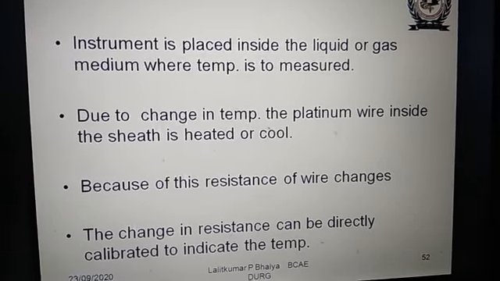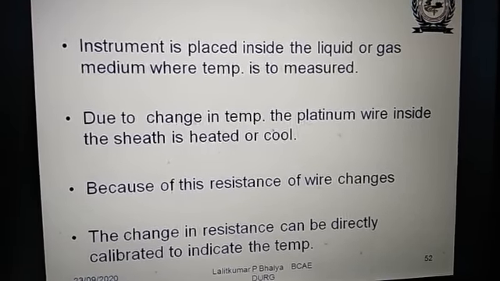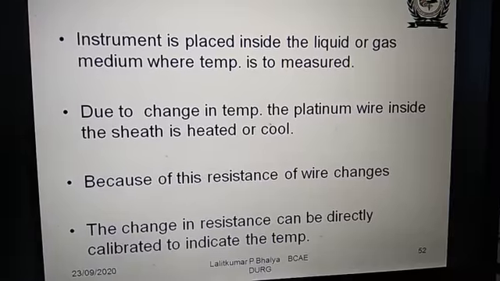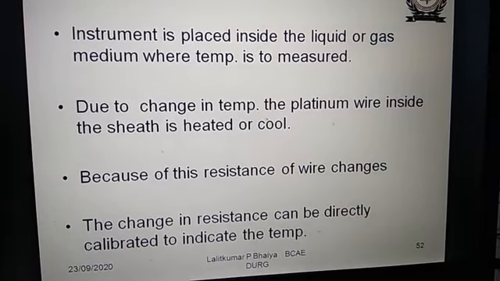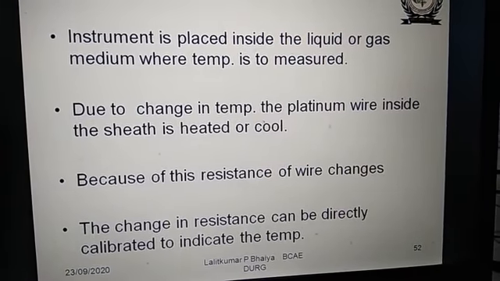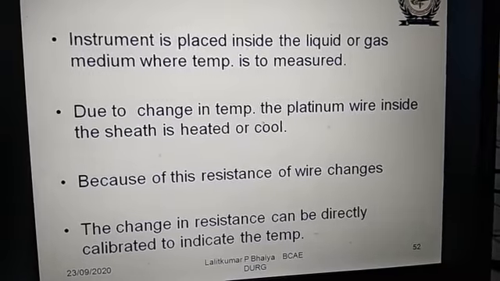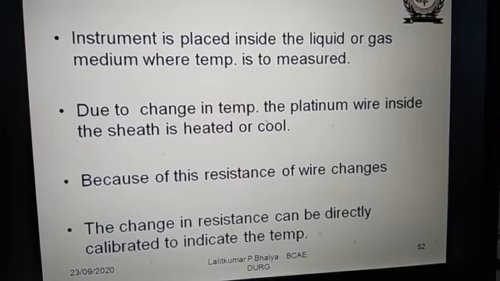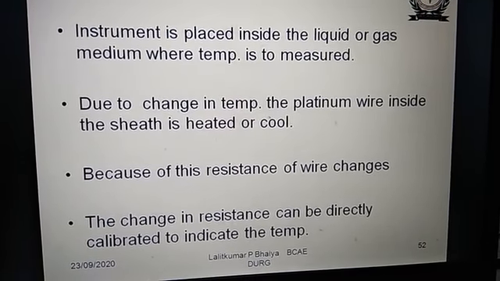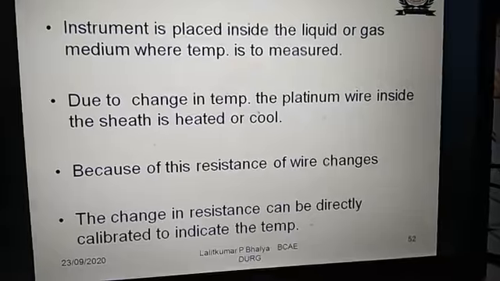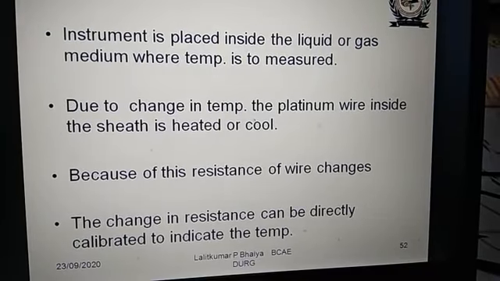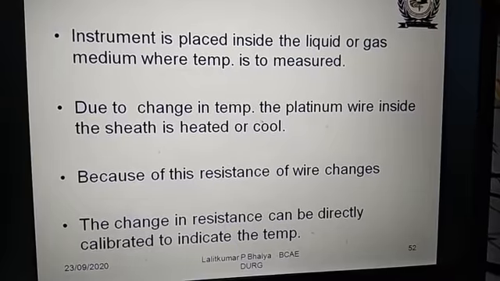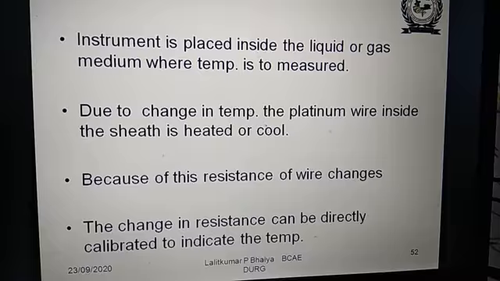The instrument is placed inside the liquid or gas medium where temperature is to be measured. Due to change in temperature, the platinum wire inside the sheath is heated or cooled. Because of this, the resistance of the wire changes. The change in resistance can be directly calibrated to indicate the temperature.